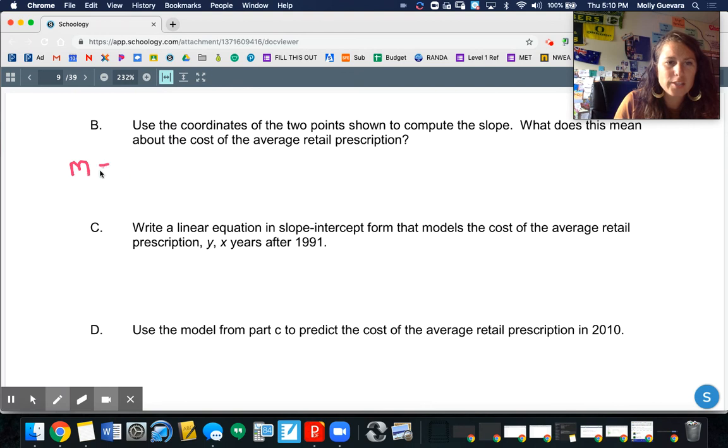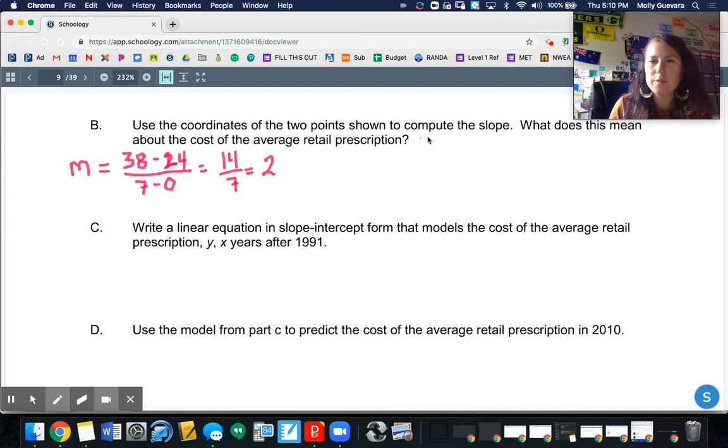So my y2, let's say, is 38, minus my y1 is 24, over my x2 is 7, my x1 is 0. Which 38 minus 24 is 14. And I get 14 over 7, which is 2.